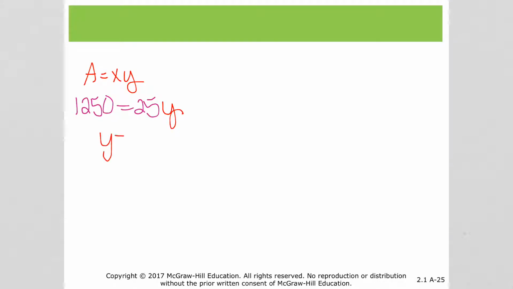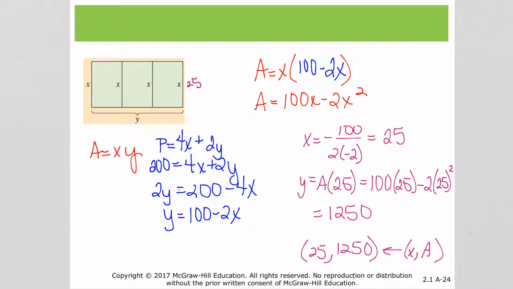So that lets us find y. Why do I have 4? Oh, I'm sorry. I used the wrong formula. Okay, we need to go back and use the perimeter formula to find y, okay, because 1250 is not our maximum area.